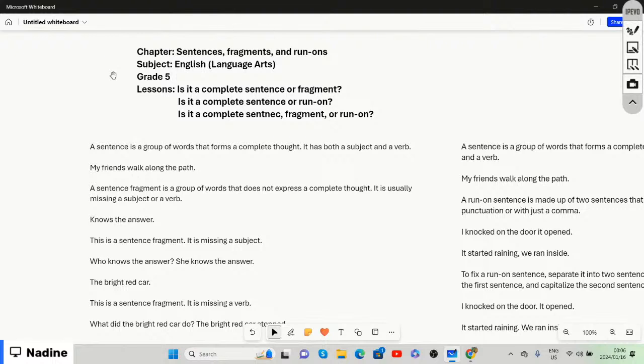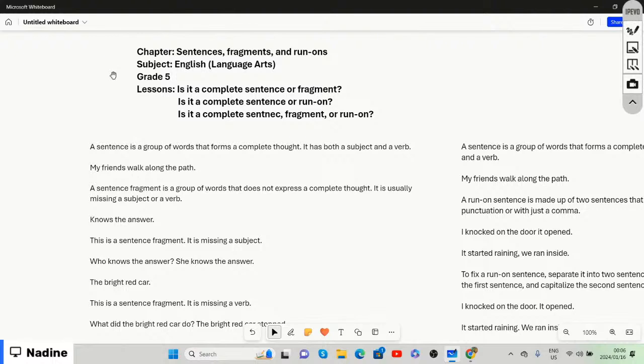And the lessons that we're going to be focusing on under this chapter are: is it a complete sentence or fragment?